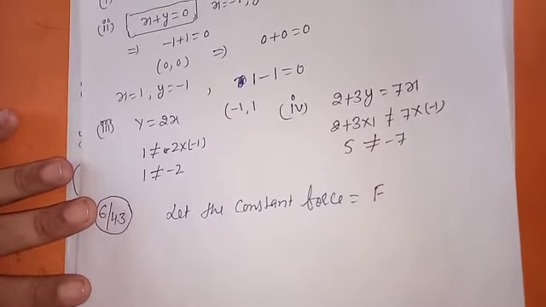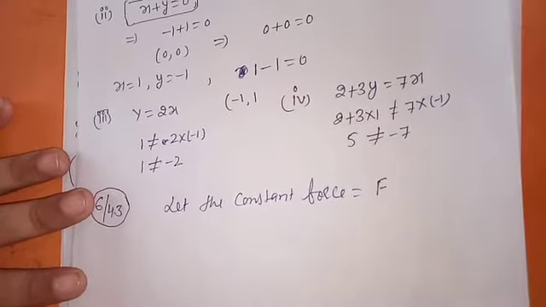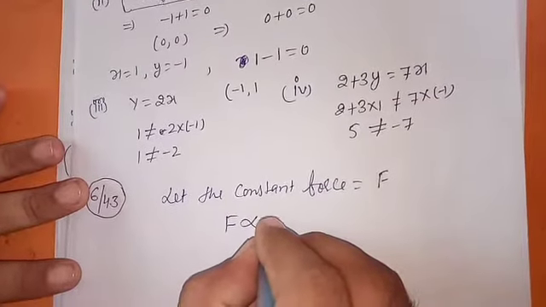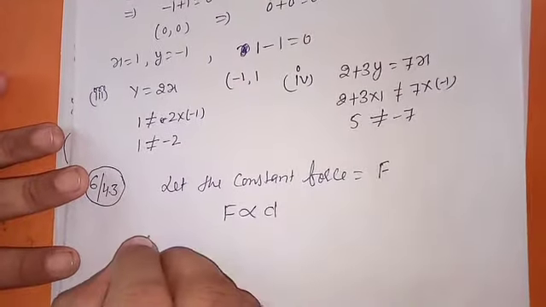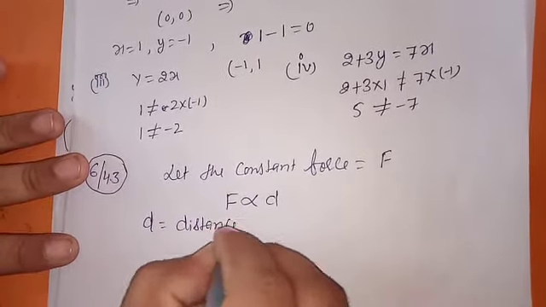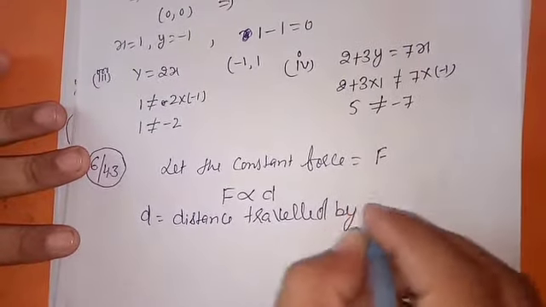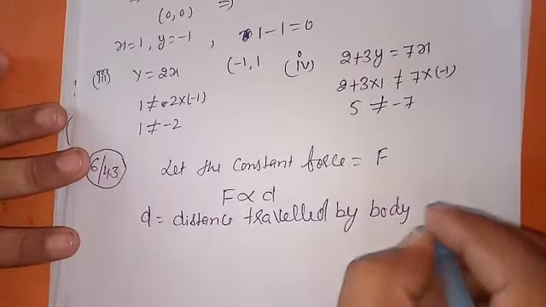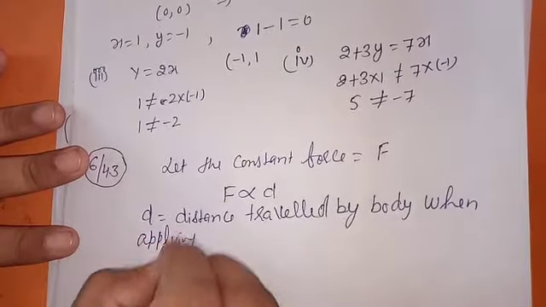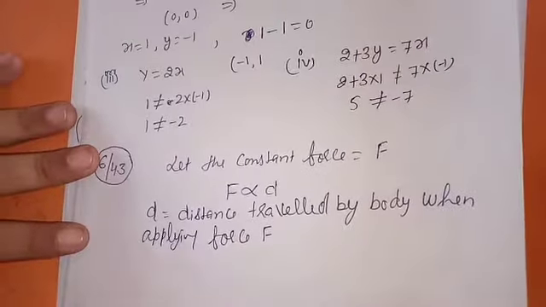and the constant force is directly proportional to the distance traveled by the body. So it means F is directly proportional to D. D is the distance traveled by the body when applying force F. Understood?